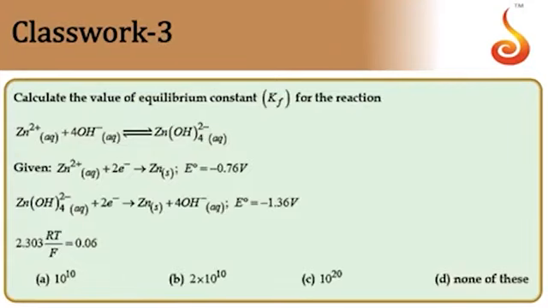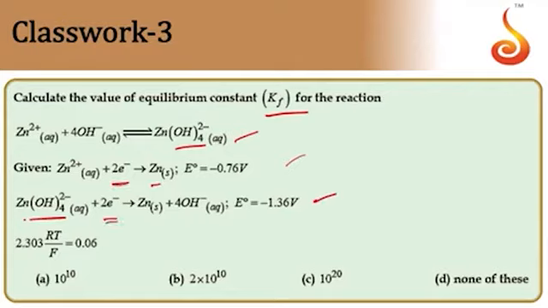Then the equilibrium constant value Kf for the reaction. This we need to find out. The given reactions are Zn2+ plus 2 electrons giving rise to Zn solid, and Zn(OH)4 2- plus 2 electrons giving the other product. Both values are reduction potential values only, because of the addition of two electrons.